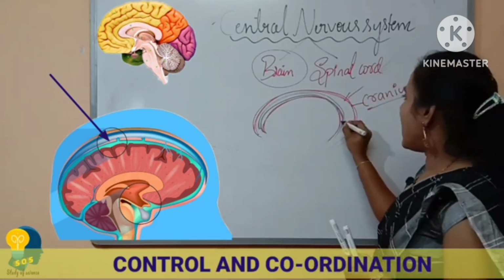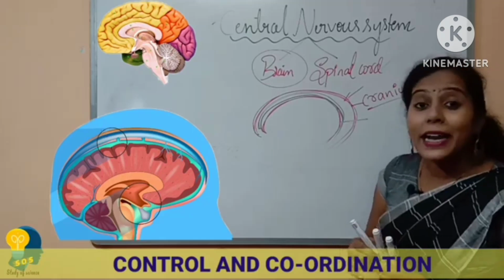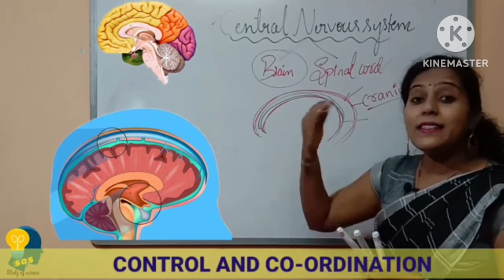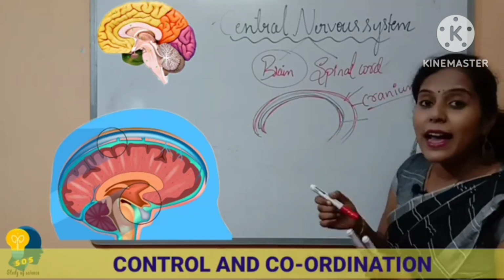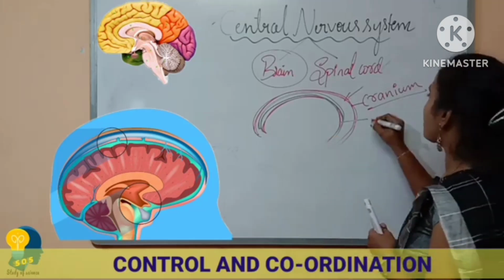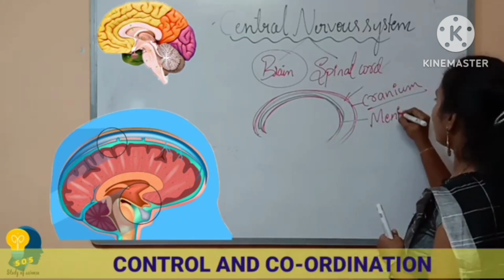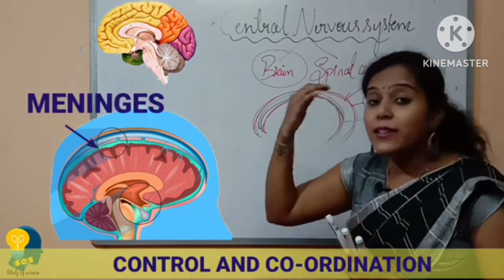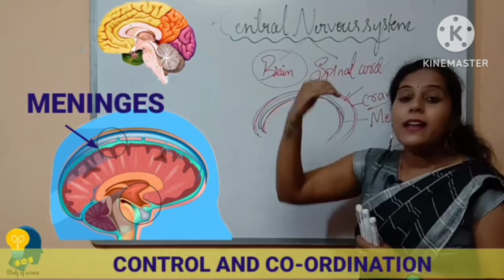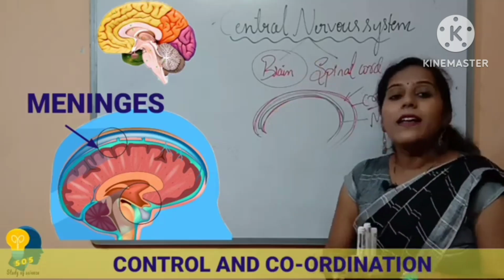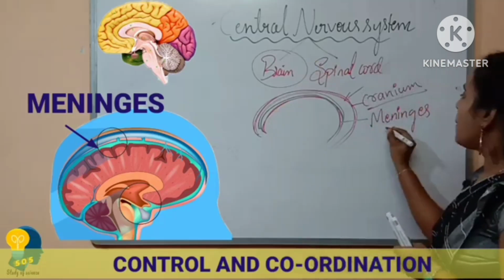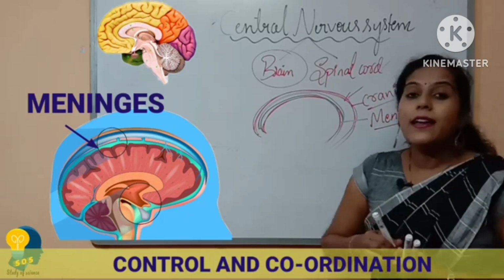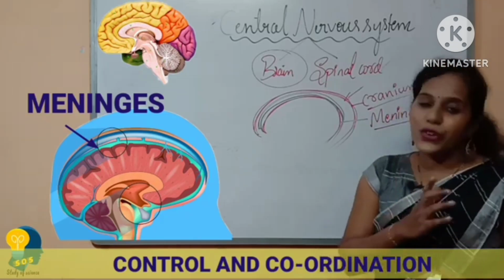These three layers protect our brain inside. They are called the meninges.